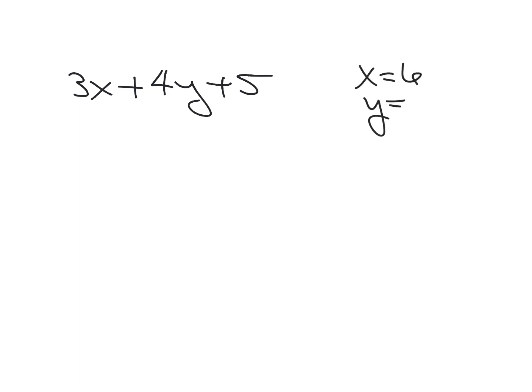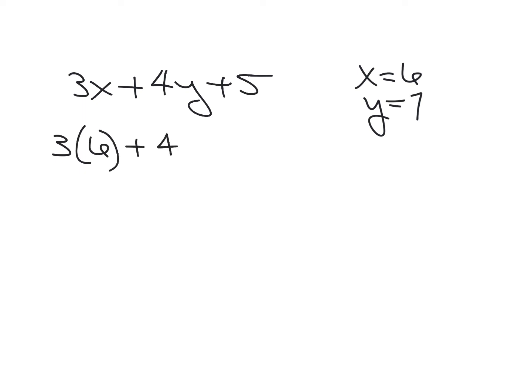In fact, they may give you one like on the top of page 7 that says 3x plus 4y plus 5. And they'll say x equals 6 and y equals 7. So what they're asking you to do is whenever you see an x, you put a 6 in there. I like to put them in parentheses.